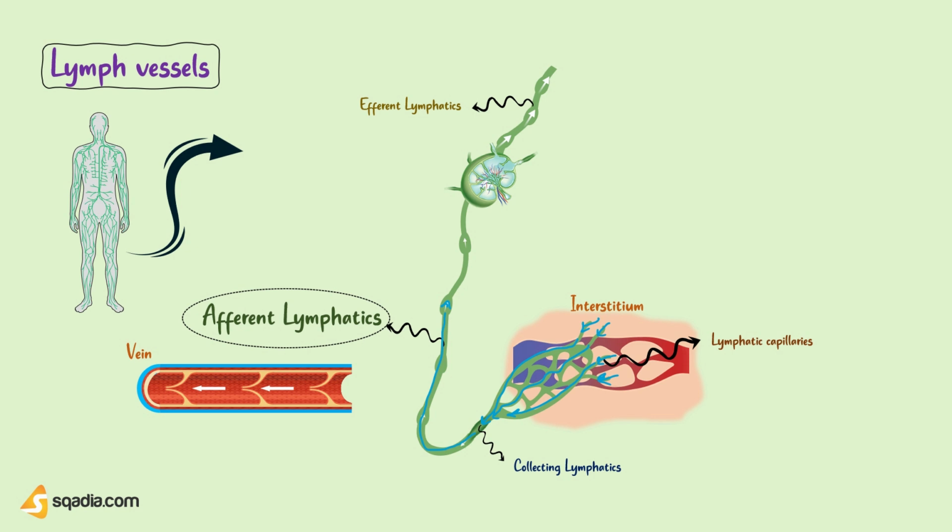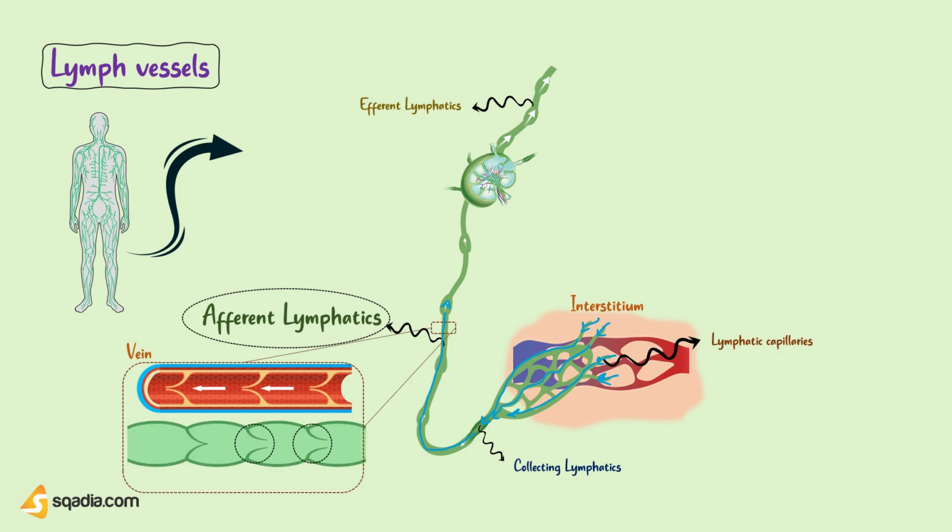These afferent vessels resemble the veins of the circulatory system, as they also carry valves like venous vessels. These valves are called the secondary lymph valves. These semilunar valves are the flaps of smooth muscles that direct the unidirectional flow of lymph through lymphatic vessels.